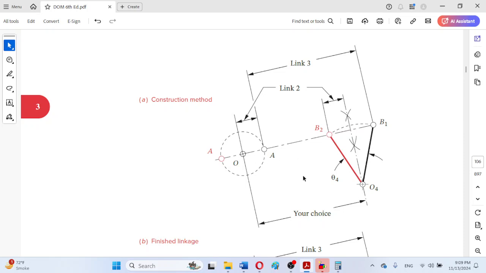How it will be done, I will just briefly describe the procedure that we will be drawing. We will be specifying or assuming the size of the rocker link. First, we will assume the size of the rocker.